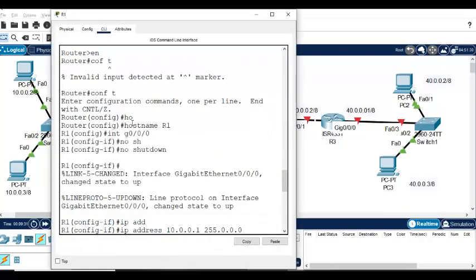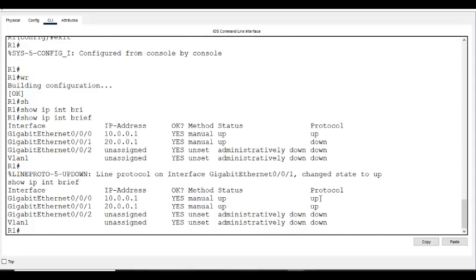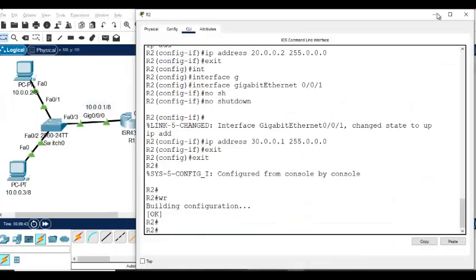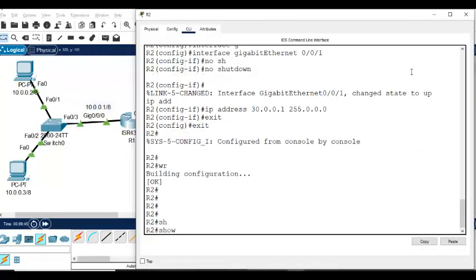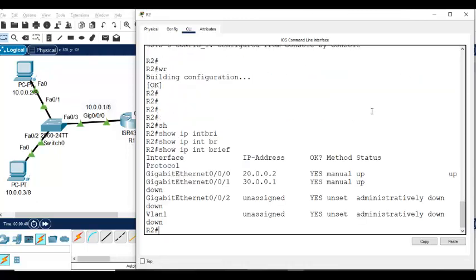You see, it's up. R1. Okay. Now, R2 we have configured. Let's verify. Show ip interface brief. In R2, the second interface is down. You know the reason, because the other router is not yet configured.